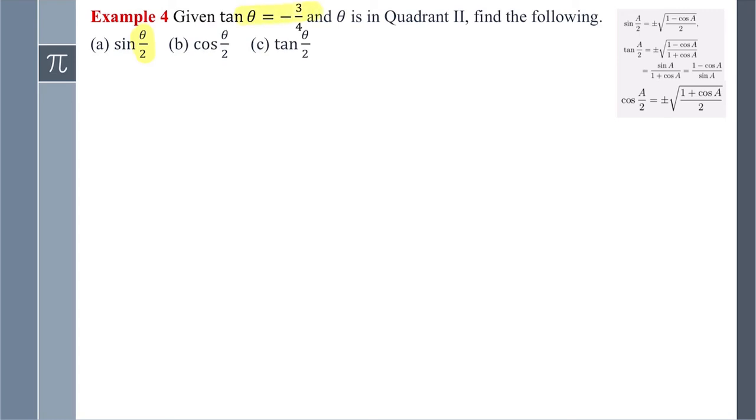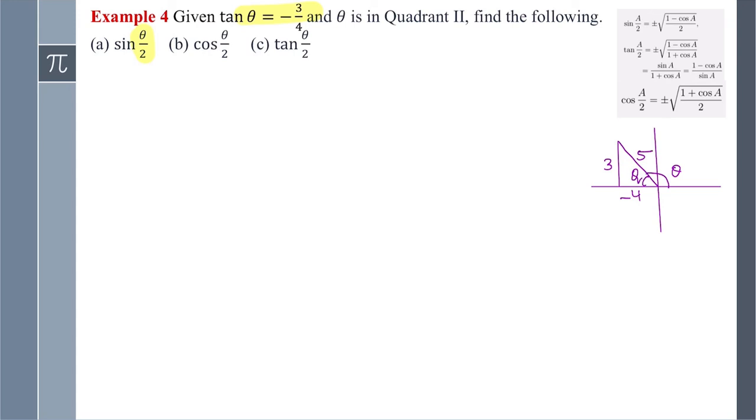So let's go ahead and draw the reference triangle again. We have the angle theta in the second quadrant, so the reference triangle is going to look like this. This is theta, and this is the reference angle. We have negative 3/4, so it's y over x, so x is negative, and r is 5.